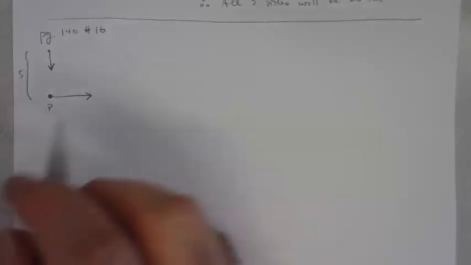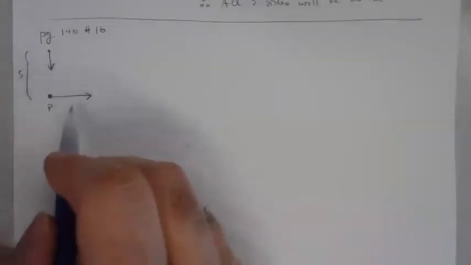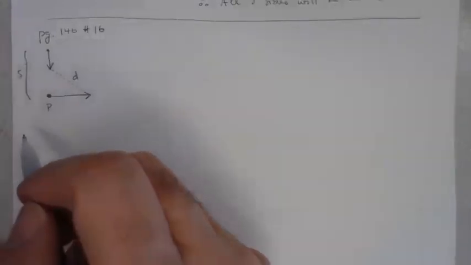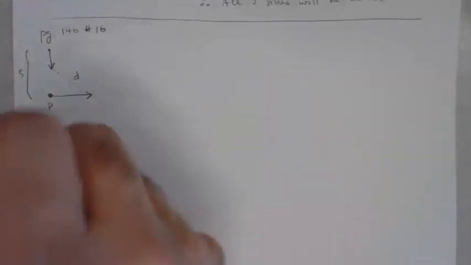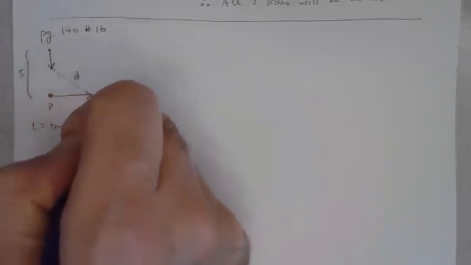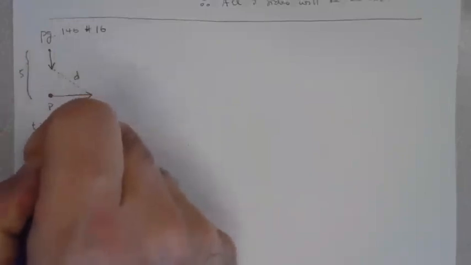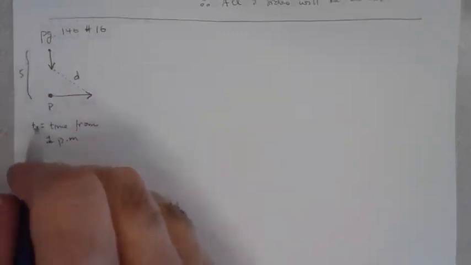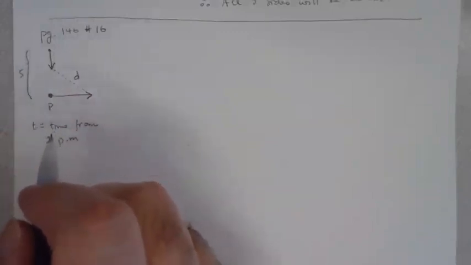All right, so this is some generic moment in time, and what I want to do is minimize the distance between them. So this is what I'm trying to minimize, okay? And this is the scenario. Now, since they're talking about at what time this is happening, it makes sense to let t be our variable. So we'll say time from 1 p.m. All right. And because we know the time and we know the speeds, we can calculate expressions for these distances.